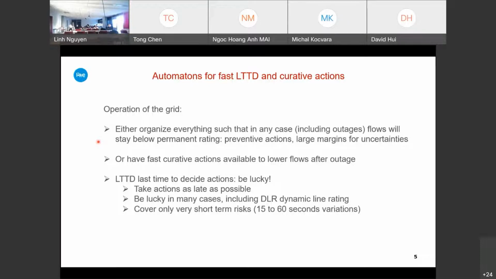It's really because local generation forecasts are not possible. So it's normal to have this kind of uncertainty, and if we want to do everything in a preventive way in advance, we have to take large margins.